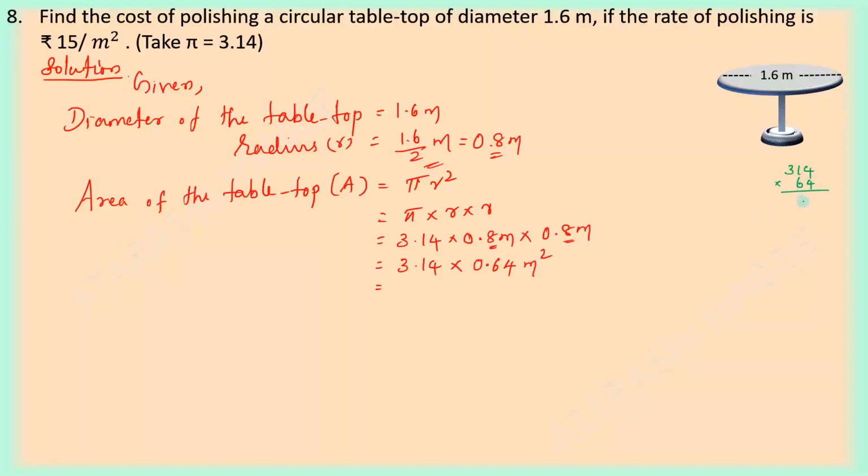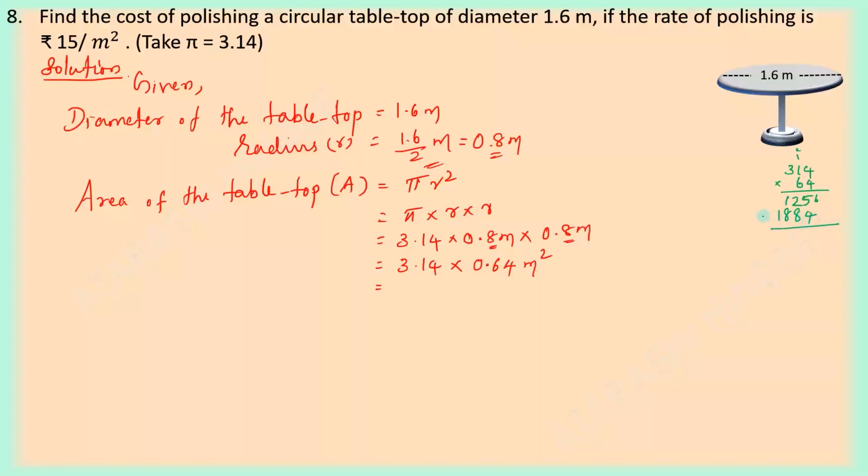For that, write the numbers without decimal and multiply first. 4 4s are 16, and 4s are 4, 4 plus 1, 5, 4 3s are 12, 6 4s are 24, 6 1s are 6, 6 plus 2, 8, 6 3s are 18.